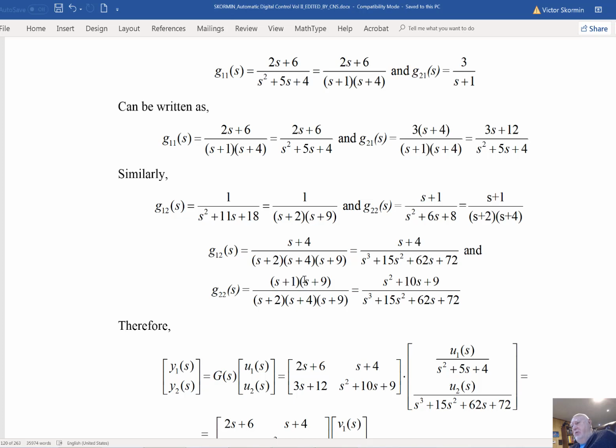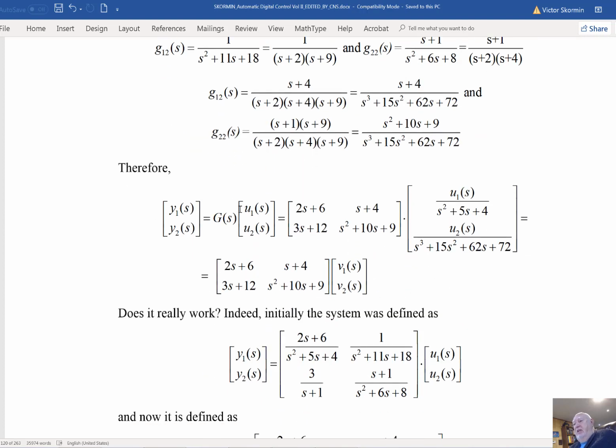I multiplied the numerator by s plus 9, I multiplied the denominator by s plus 9, and this is the same transfer function in a polynomial form. So right now I have established a common denominator for transfer functions of the first column and a common denominator for the transfer functions of the second column.